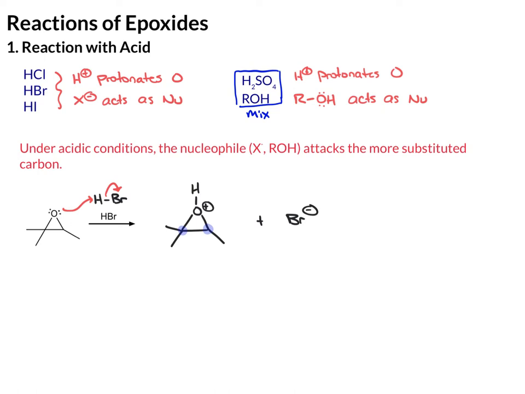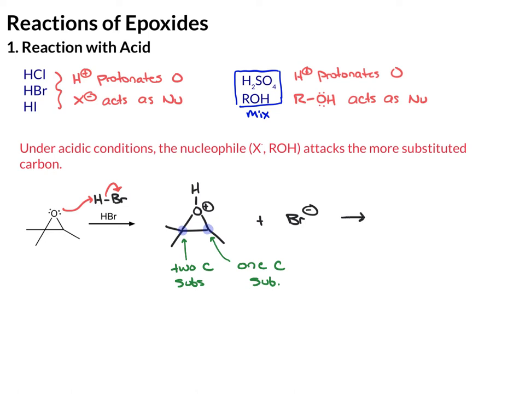So if you look at the epoxide, this carbon here has 2 carbon substituents. This carbon here only has 1 carbon substituent. So the one on the left is more substituted.